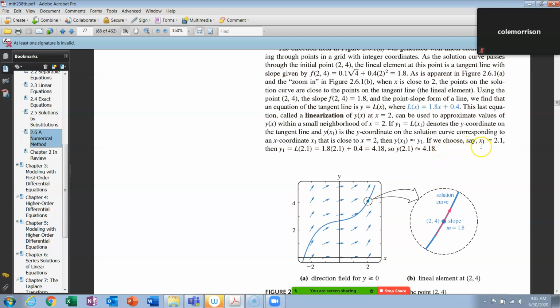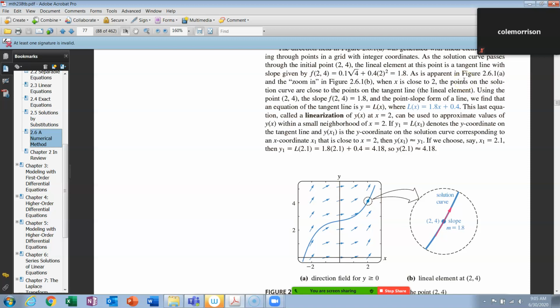So if that x1 was 2.1, say, they're going to talk about this later, that's called your h, your step size. You're going from 2 to 2.5, remember, that's what we're trying to do. We were at 2, and we know the y value there is 4.